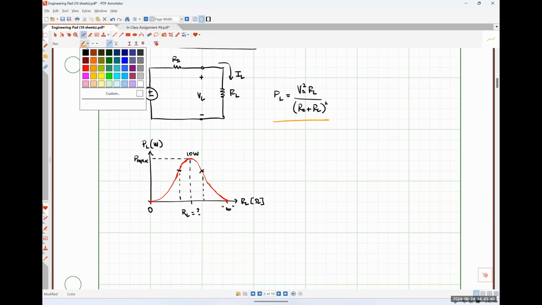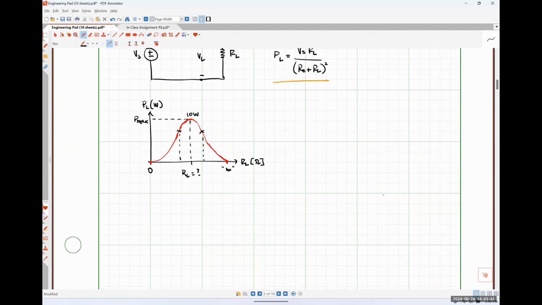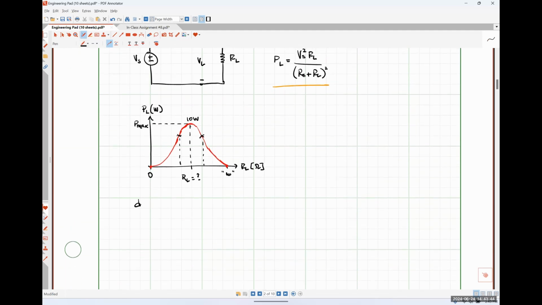Okay. So we're going to take the derivative of our power function with respect to our load resistance.